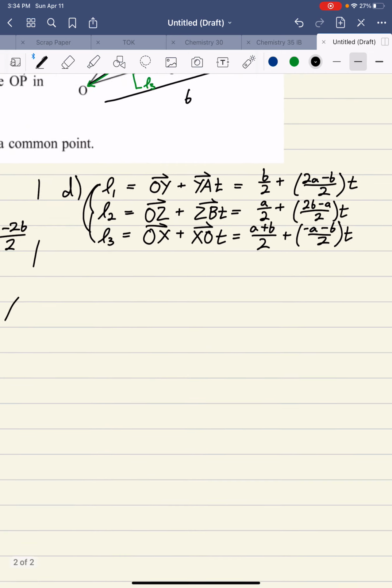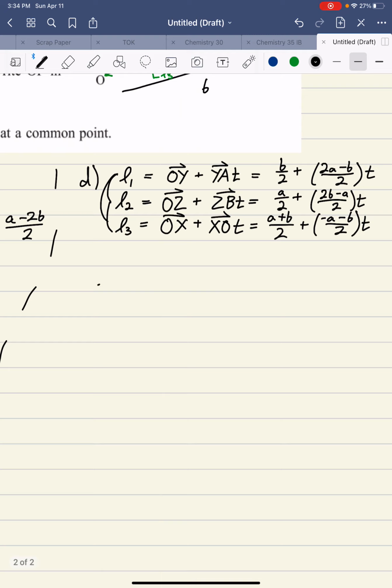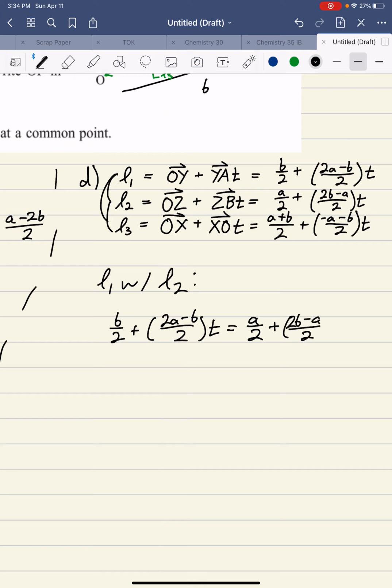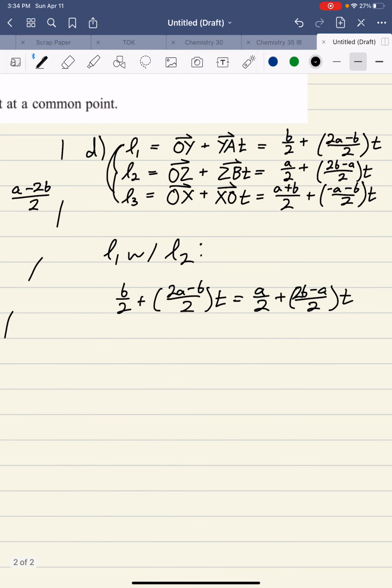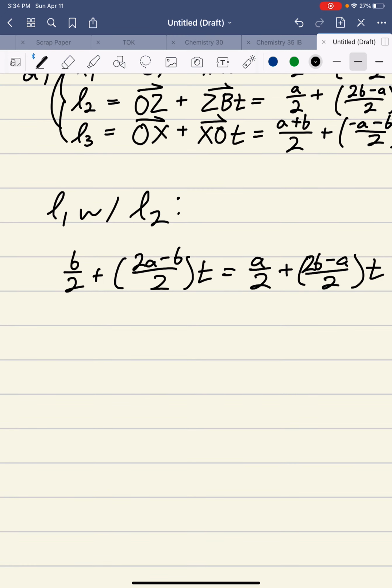Okay. So starting with line 1 with line 2, we just equate the two. So b over 2 plus 2a minus b over 2 t is equal to a over 2 plus 2b minus a over 2 t. So combine like terms, and yeah.